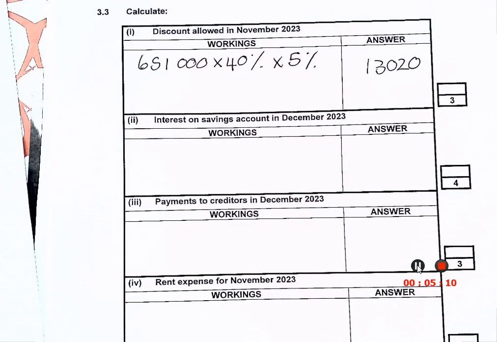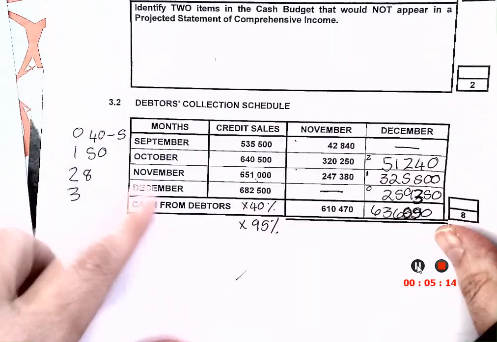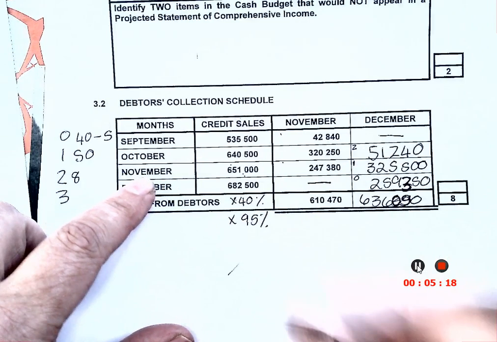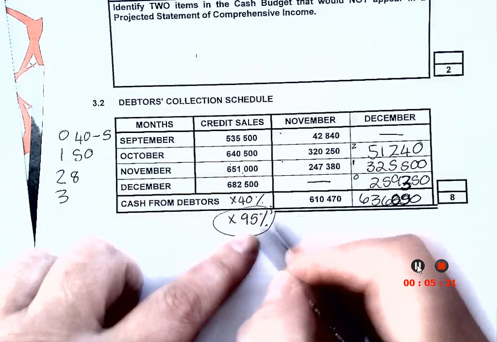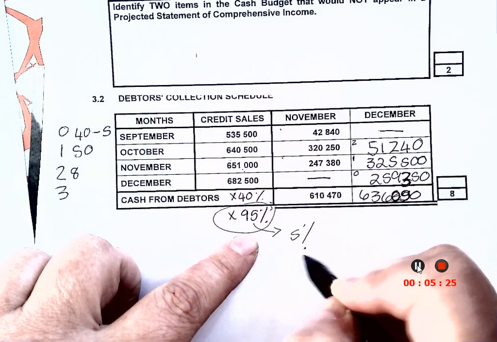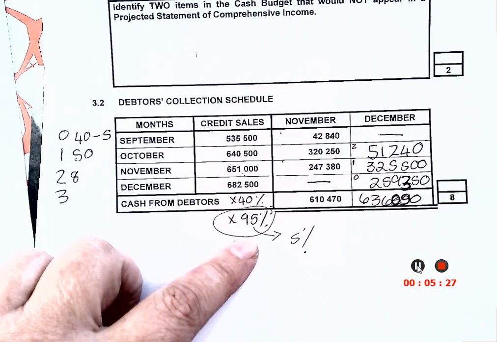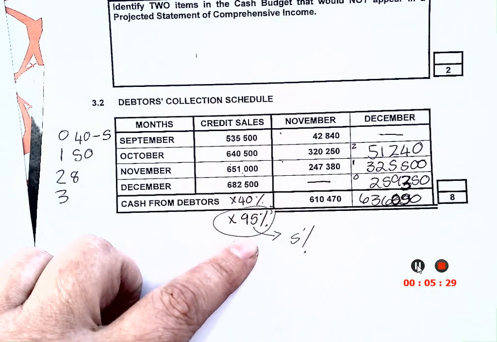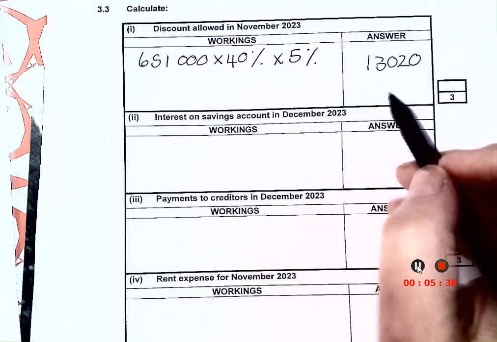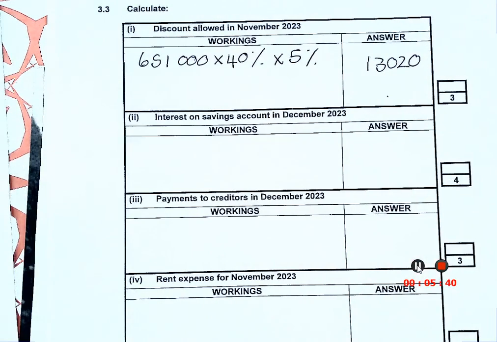Where do you see the 651? I found it here in the debtors collection. Remember, they're referring to that 95, that 5% discount. They want you now to calculate that. So if you did it by taking the 1085 in the projected statement and timing it by 60, did you get the answer? Yeah, it's fine.